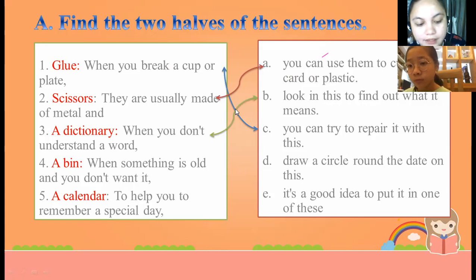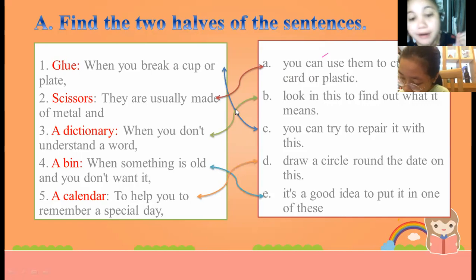What letter is that? E. Okay, letter E. And the last one: to help you to remember a special day, draw a circle around the day on this. Very good. Letter D.